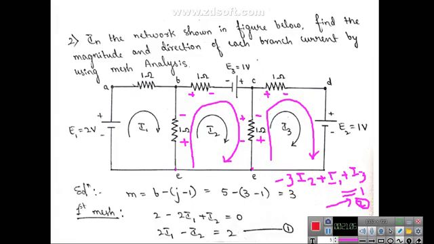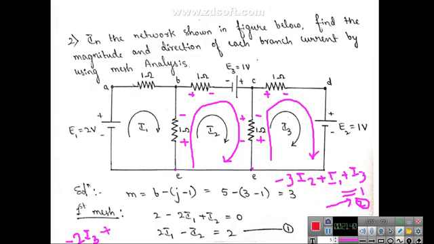So I can write the mesh equation for loop 3. This resistance and this resistance carry I3, so the fall in potential is minus 2 into I3. And this carries not only I3 but also I2; the current I2 flowing in this is negative to positive, therefore a rise in potential.